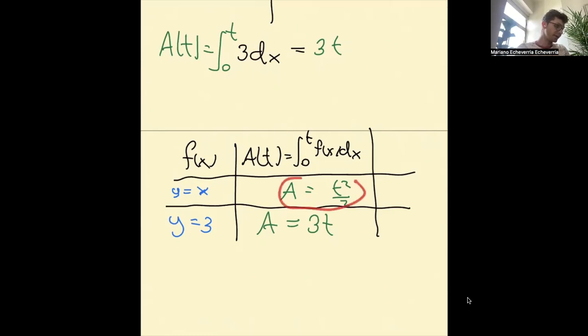This is a function of t, right? So we could take a derivative with respect to t. What's the derivative of t squared over 2 with respect to t?